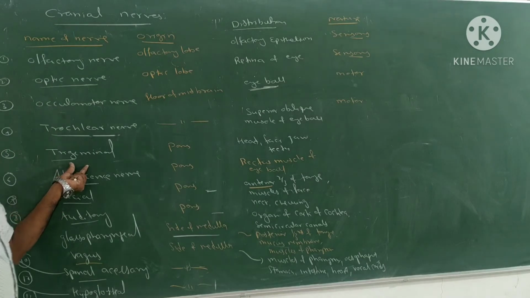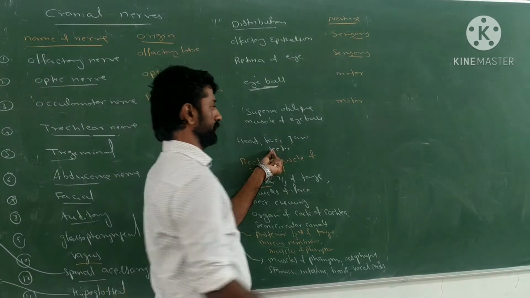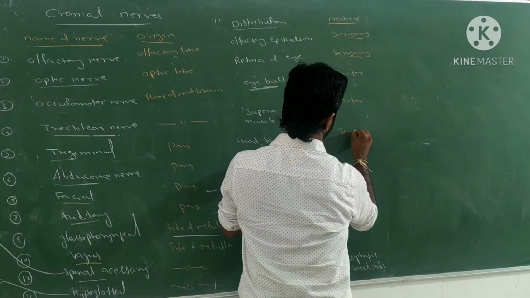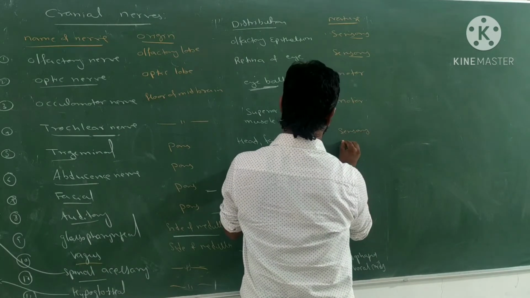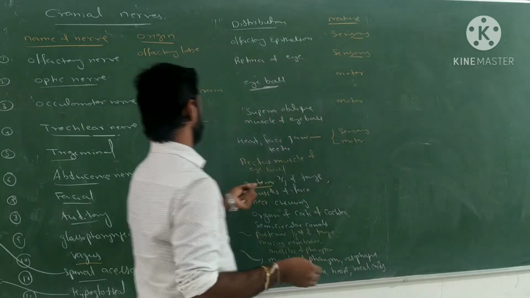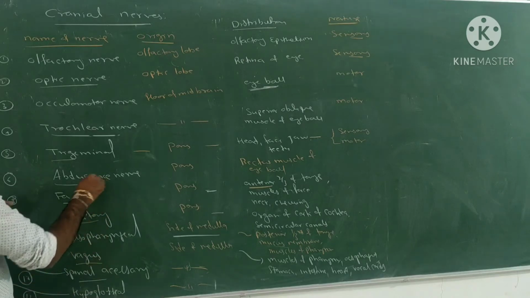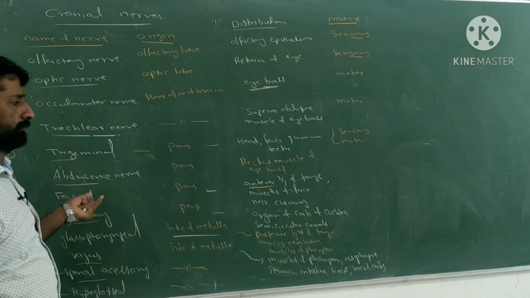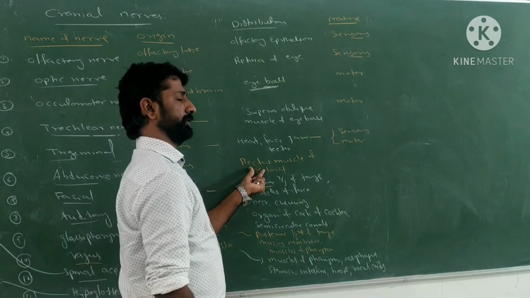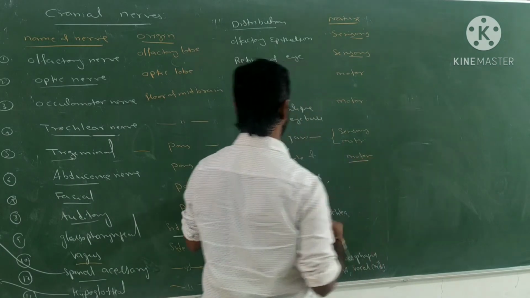What about trigeminal? As they are present in head, face, jaw and teeth, they are sensory as well as motor. Both are applicable for trigeminal. What about abducens? They are motor in nature, only motor.